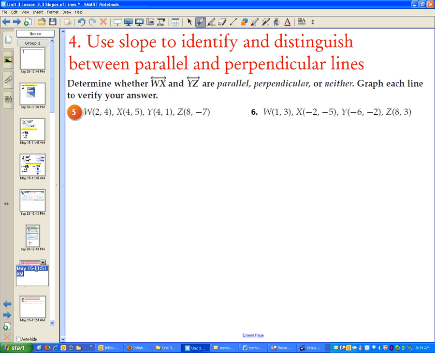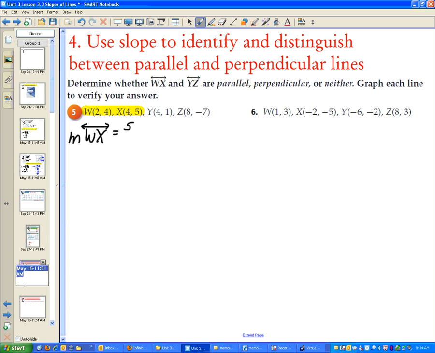All right, so number 5. Let's find the slope of line WX. So look at the notation I'm using. The little m for slope, and then line WX. So that means slope of line WX equals. All right, now, I'm just using these 2 points. I'm ignoring the other 2. Y2, what's Y2?